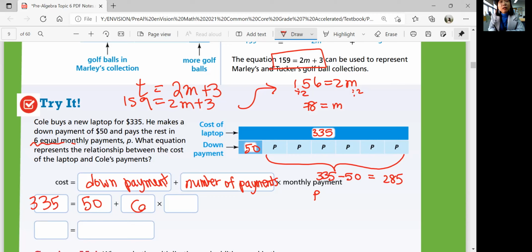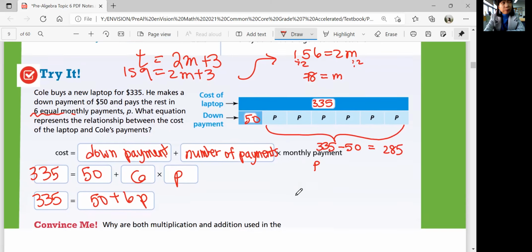He's going to pay everything in 6 months, times P that he's going to pay every month. So 335 is equal to 50 plus 6P, and that's your equation. Okay, you just need to know how to write equations for now.